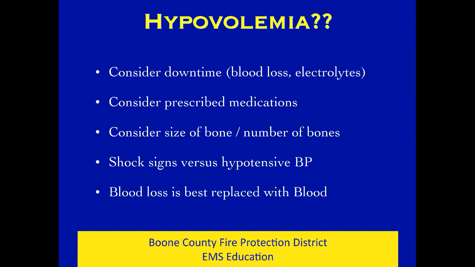But consider that these folks may be taking medications, maybe something that kind of governs their heart rate, keeps their heart rate from increasing to compensate for the low blood pressure. Maybe they take medicines that prevent clots, because on a daily basis, they need prevention for heart attack and stroke, which are caused by clots.